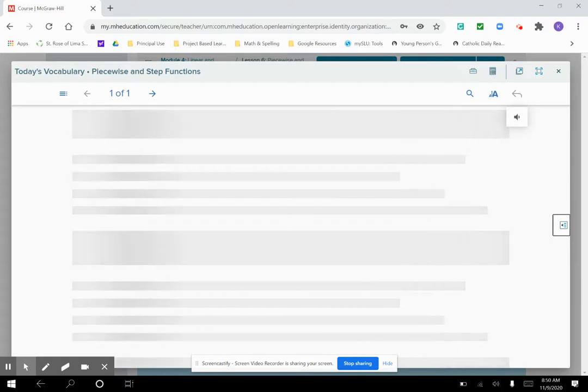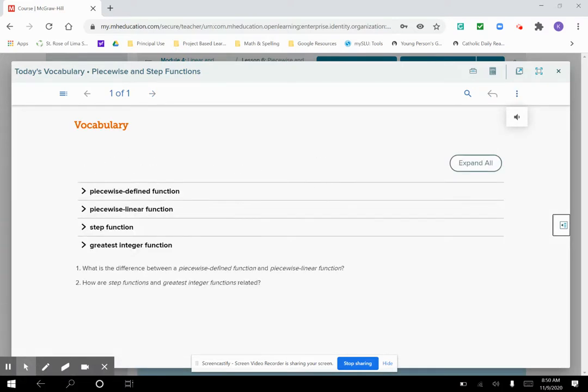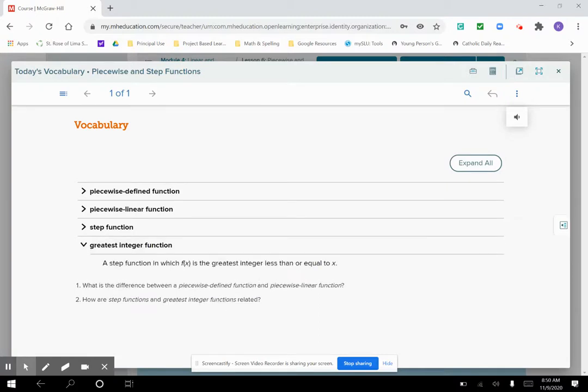You don't necessarily need to do a visual example, but you might put in your native language notes that it looks the same. So the greatest integer function is a step function in which the function of x is the biggest integer less than or equal to x. So if the function of x is 1, then the greatest integer has to be more than 1 or more. So it can be 2 or 3 or 4.